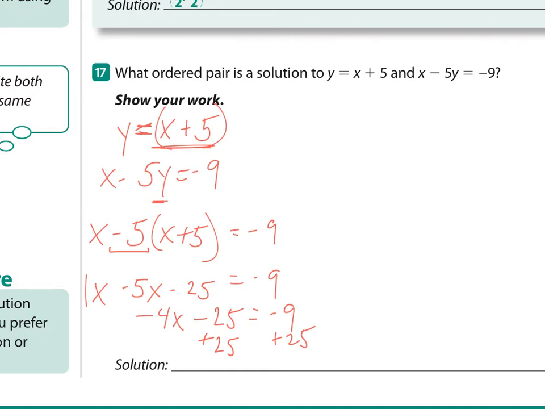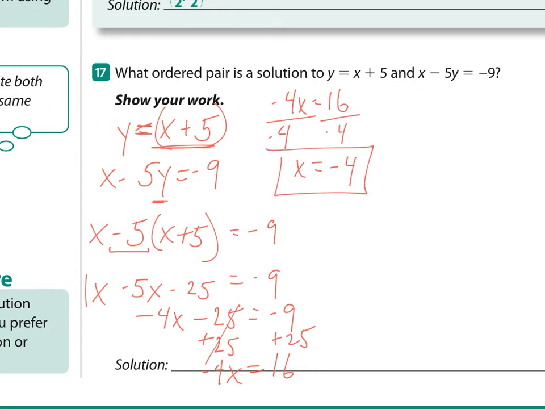Okay, so we'll do that. And we're left with negative 4x equals 16. So I've run out of room. So negative 4x equals 16. Divide by negative 4. x is equal to negative 4. So there's one of your answers.